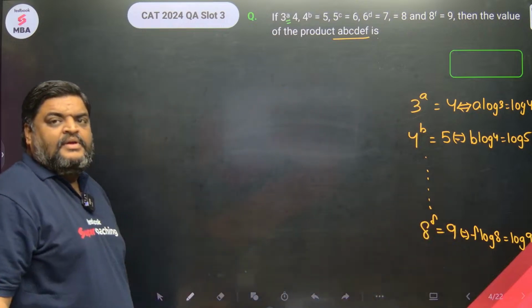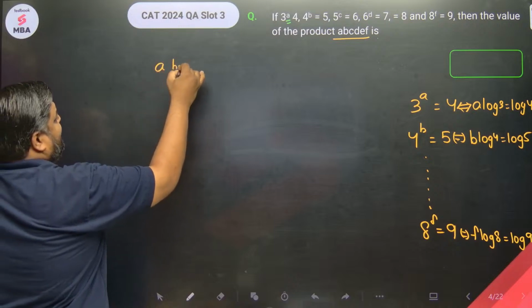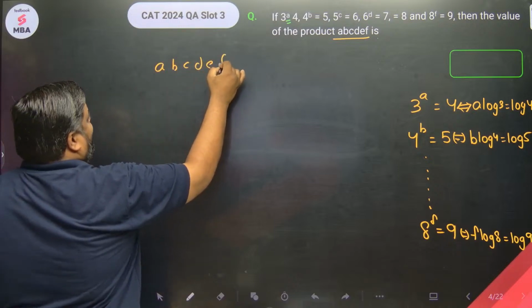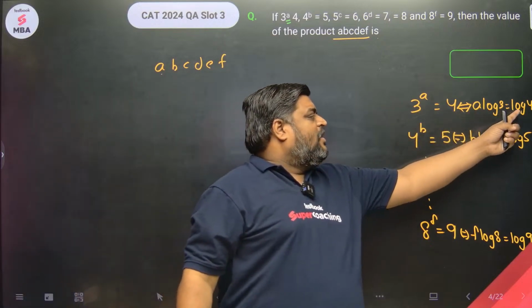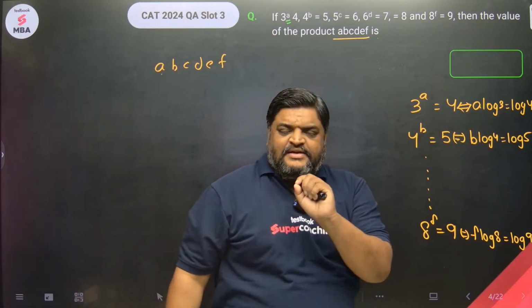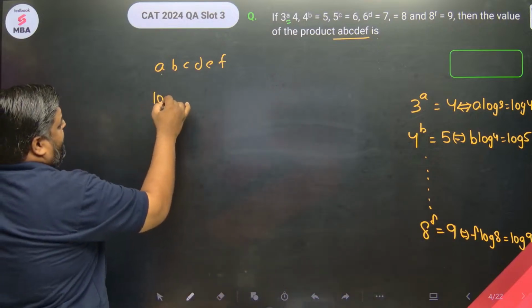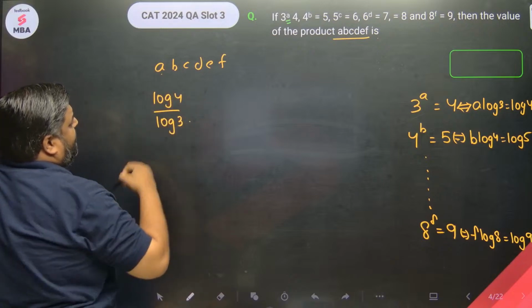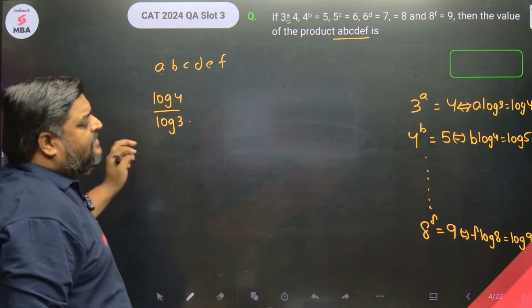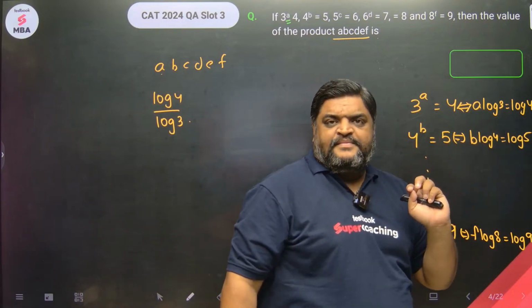So what they are asking is the value of a, b, c, d, e, f. Guys, इधर से देखो, a would be log 4 upon log 3. We can write that. Yes or no? Yes, sir. b could be written as log 5 upon log 4.